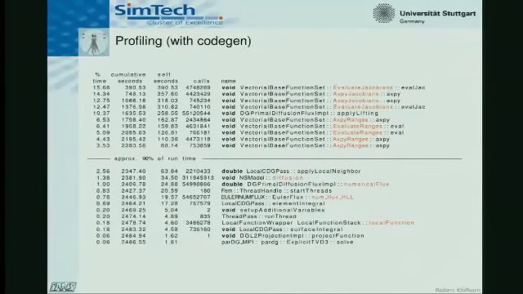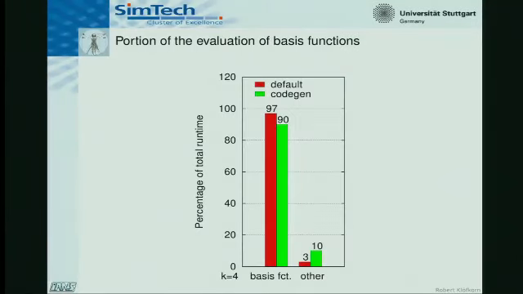So what I came up with is some sort of automated code generation for only that part. And after that, it's still 90% of the runtime, but it's a lot faster, and I'll come back to that in a second.